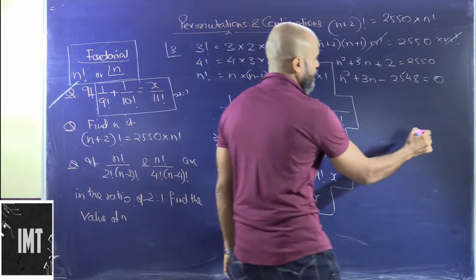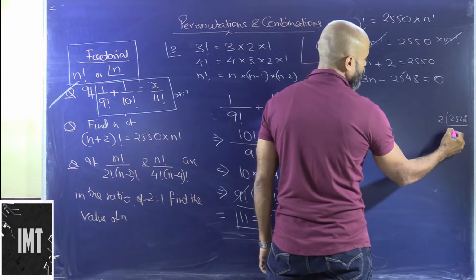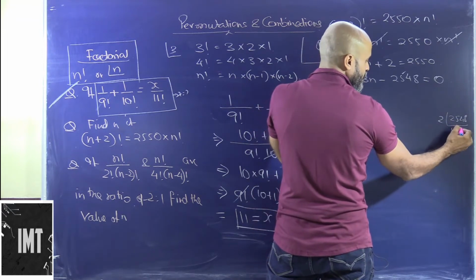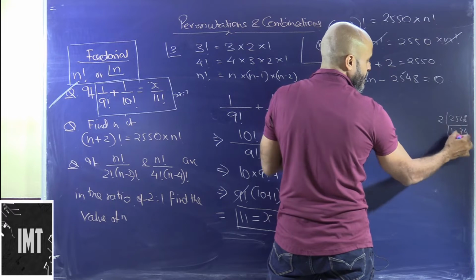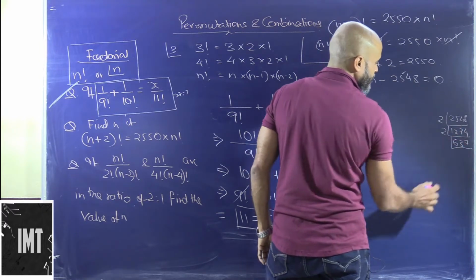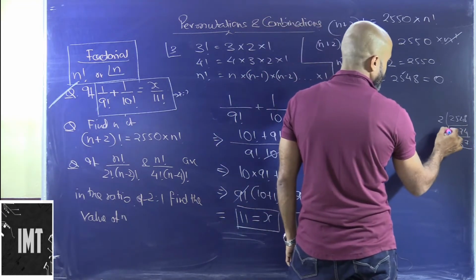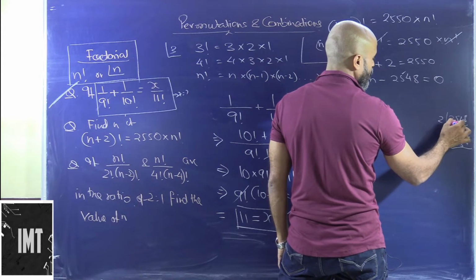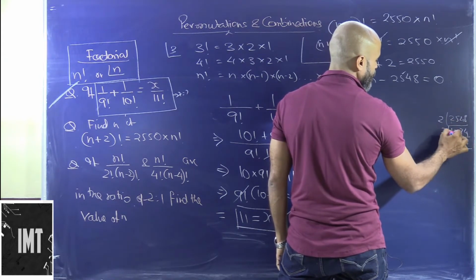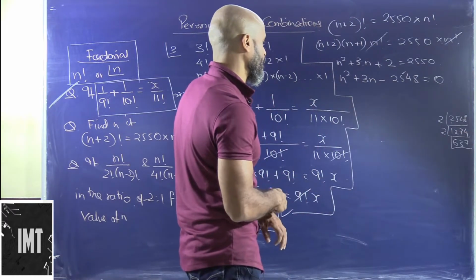So let's quickly factorize this. 2548, that will be 2 12s are 24, 2 7s are 14, 2 4s are 8, 2 6s are 12, 2 3s are 6, 2 7s are 14. Okay, what do we have now?